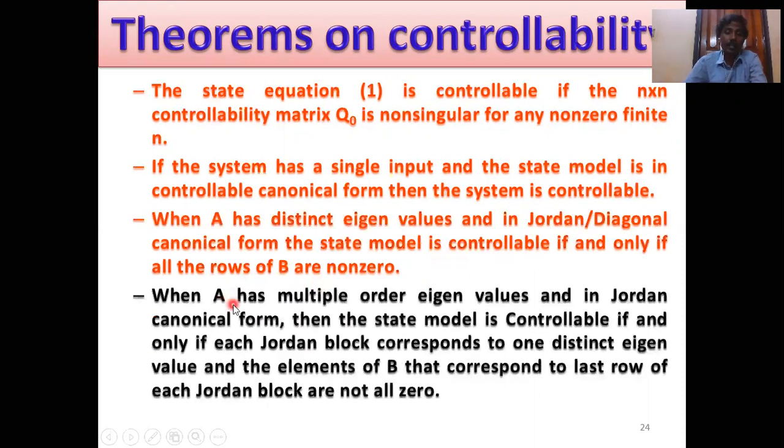And when A has multiple-order eigenvalues in Jordan canonical form, then the state model is controllable if and only if each Jordan block corresponds to one distinct eigenvalue and the elements of B that correspond to the last row of each Jordan block are not all zero.